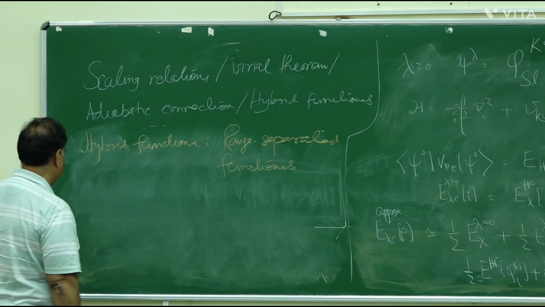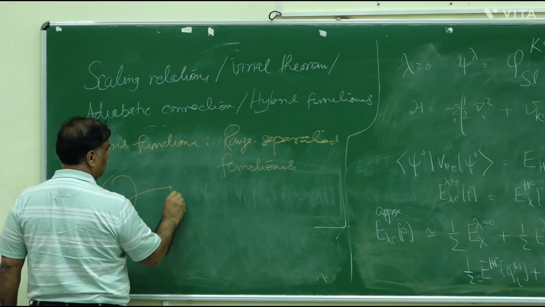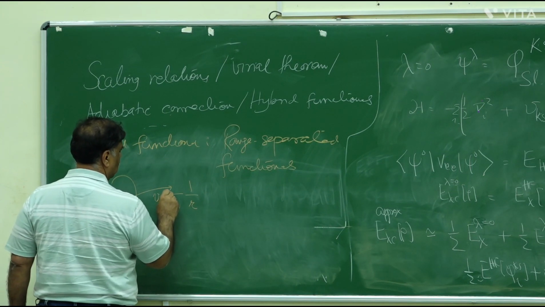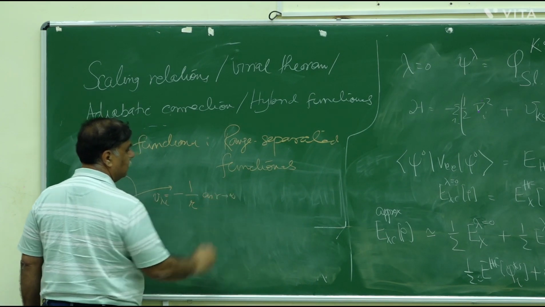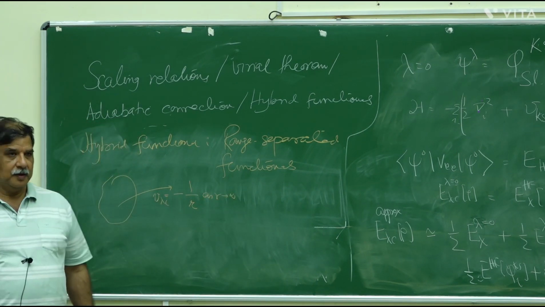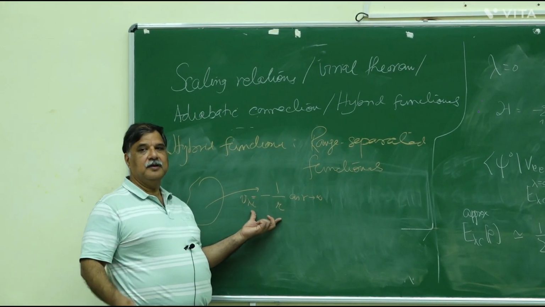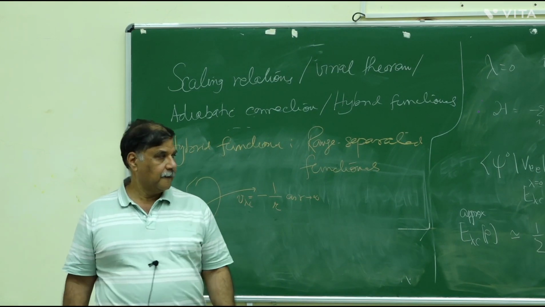And the idea is as follows. If you have a system, we have shown that far away the potential V_XC goes as minus 1 over R as R tends to infinity. And this is not satisfied by the functionals, LDA and things like those that we use.